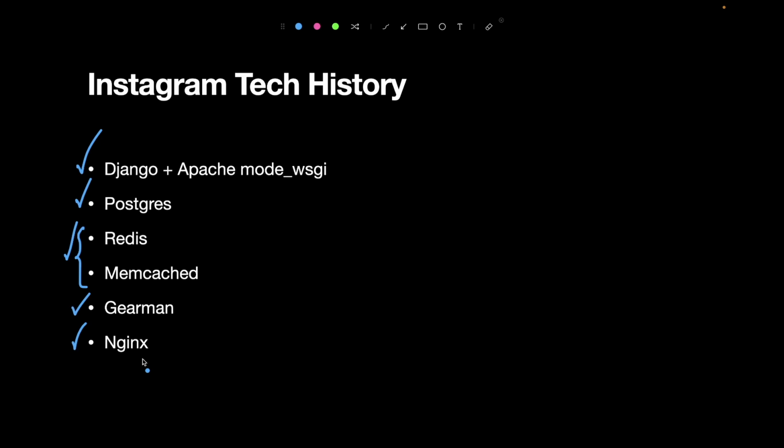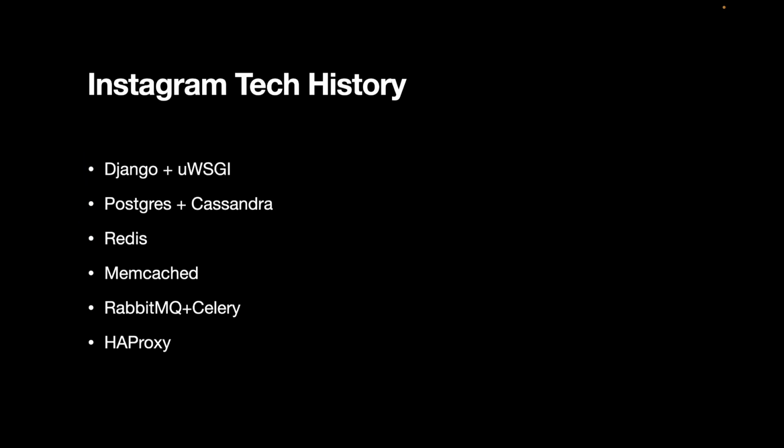So they decided to change some of the elements in their software stack, and currently their software stack is composed of Django plus mod_wsgi, which is their application logic development.